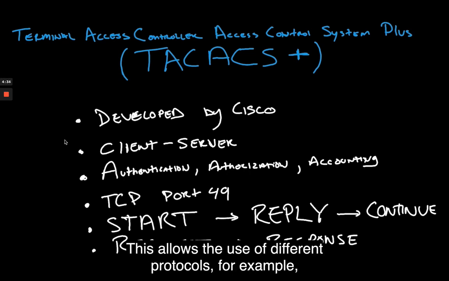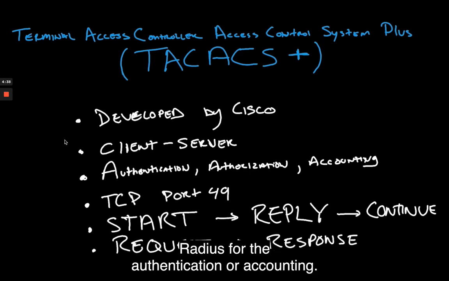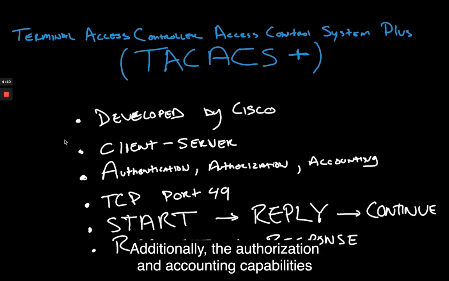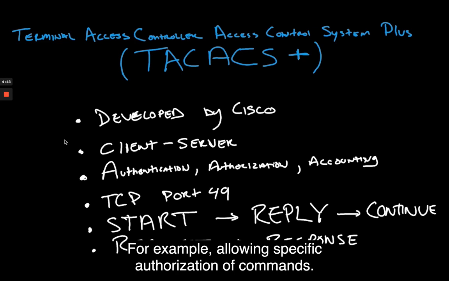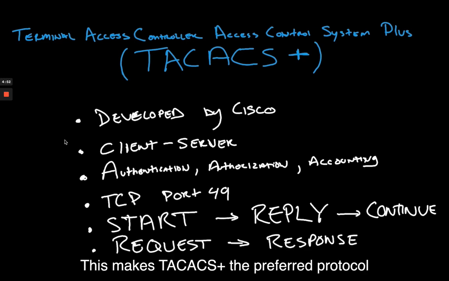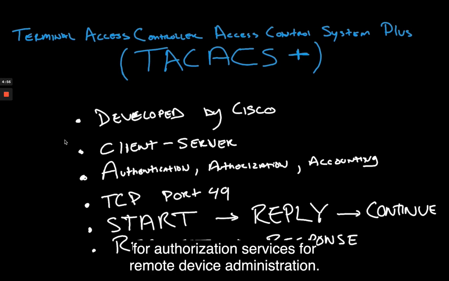This allows the use of different protocols, for example, Radius, for the authentication or accounting. Additionally, the authorization and accounting capabilities are more granular than in Radius. For example, allowing specific authorization of commands. This makes TACACS Plus the preferred protocol for authorization services for remote device administration.